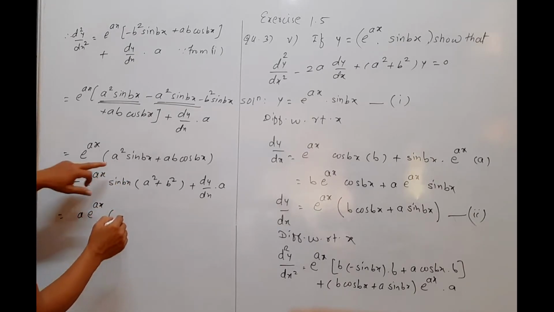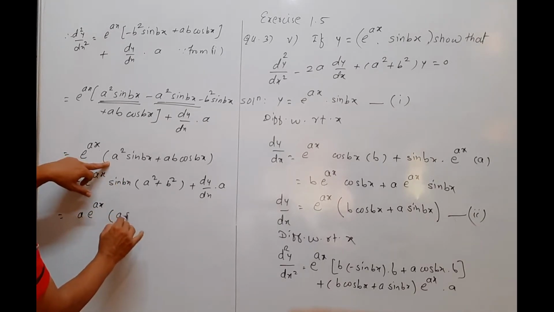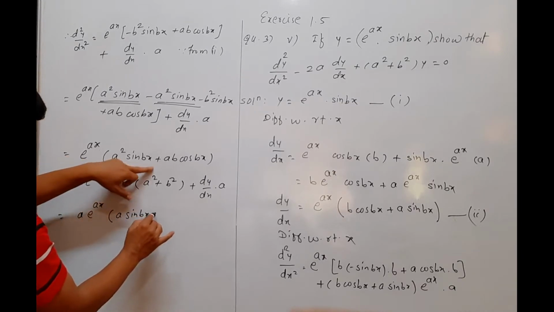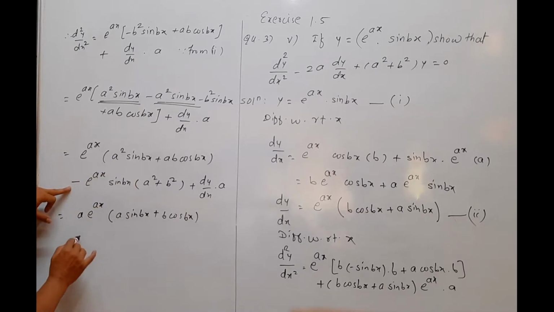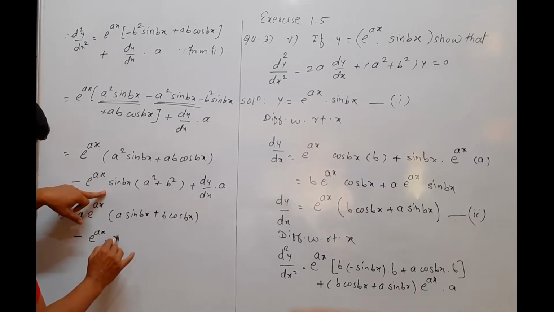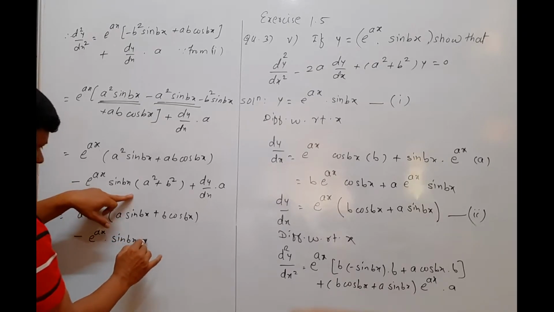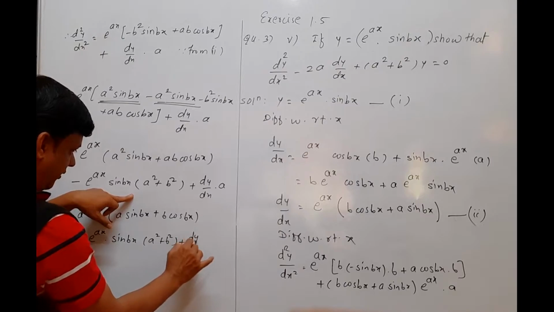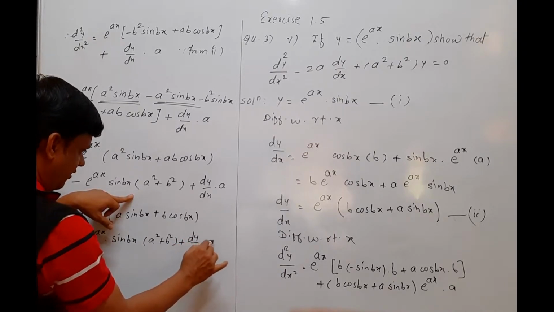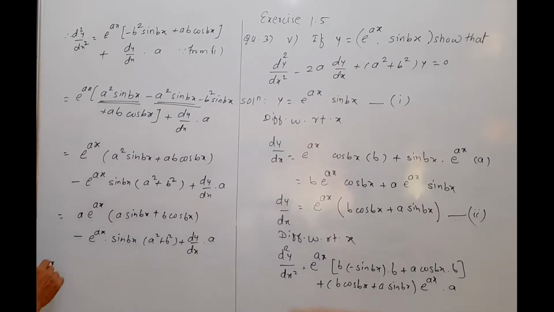Here we get a sin bx plus b cos bx, minus e raised to the power x into sin bx into a square plus b square plus dy by dx into a. Now from equation 1 and 2 we substitute the value.